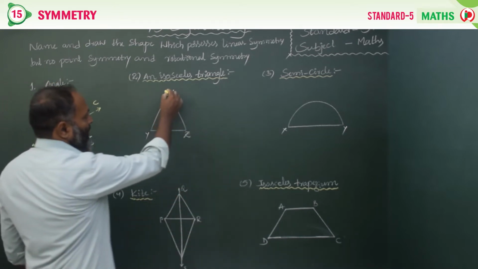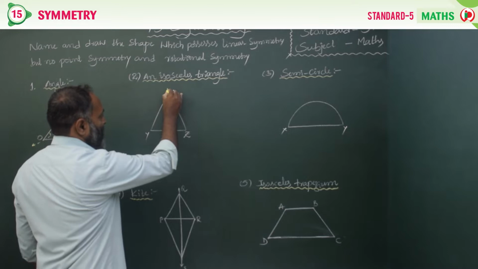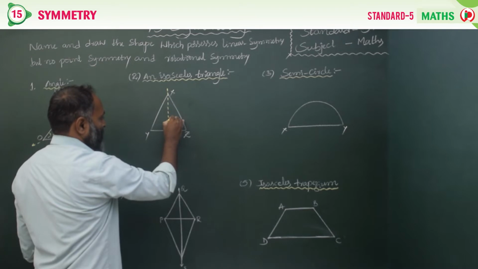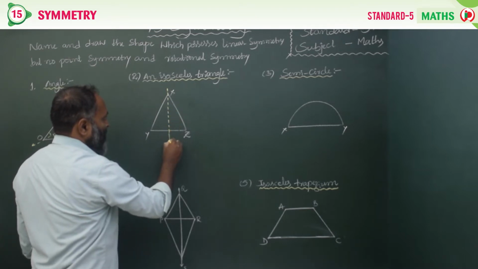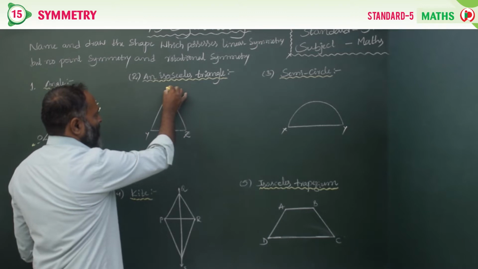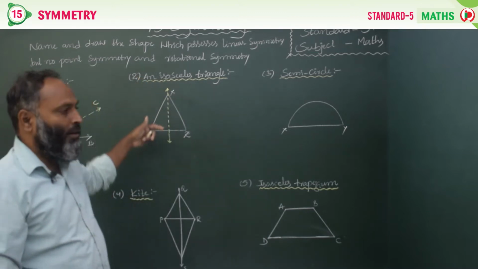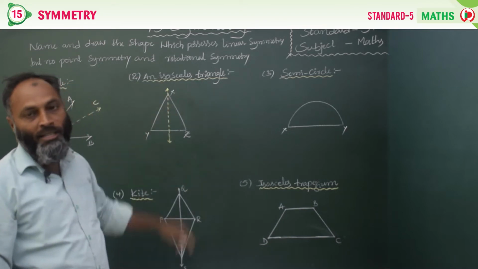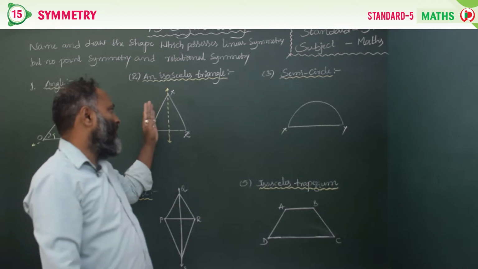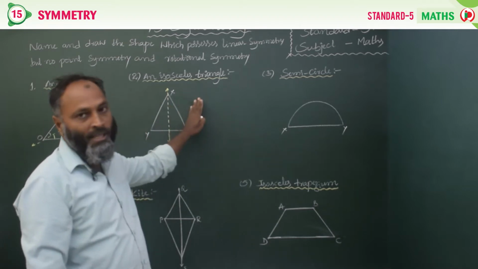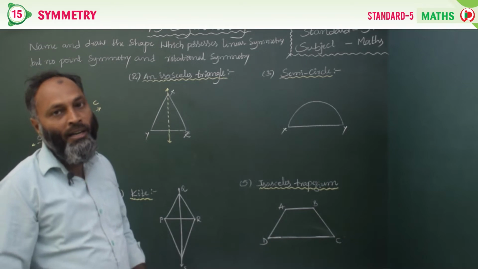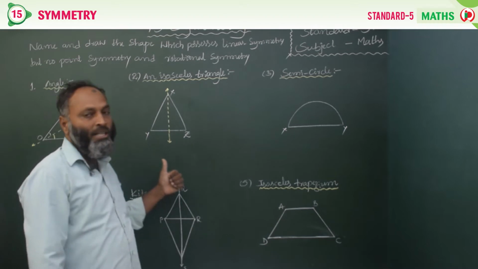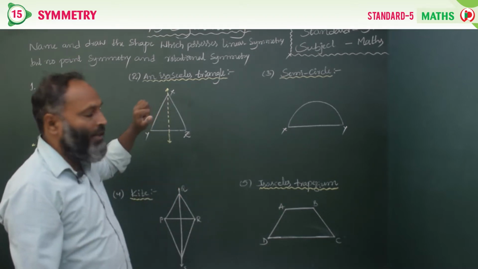If you take a vertical line from X to the opposite side midpoint, we should draw a perpendicular line, or otherwise take the perpendicular bisector of YZ, which passes through the vertex X. That divides it into two equal halves, left side and right side, two identical shapes. So this vertical line is a line of symmetry.